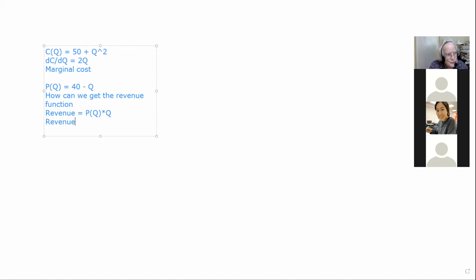And as you say, this suggests that revenue is equal to the inverse demand function, 40 minus Q, times Q. Or to spell it out, we have 40Q minus Q squared.